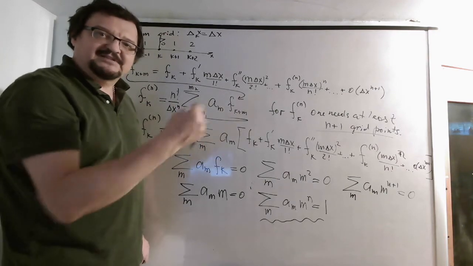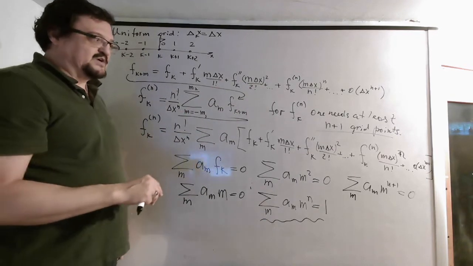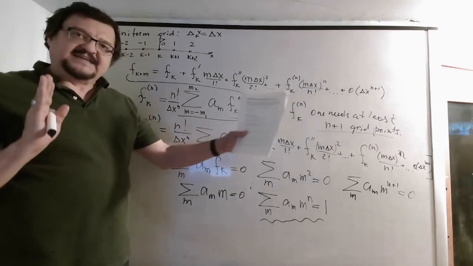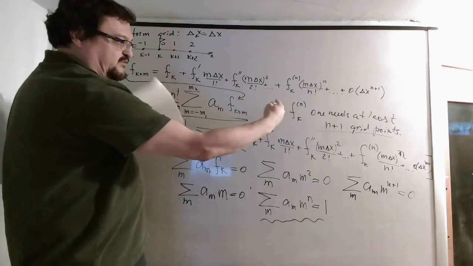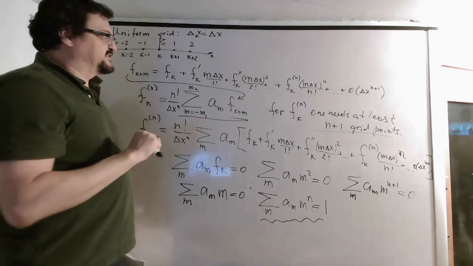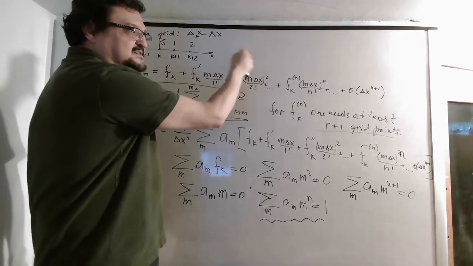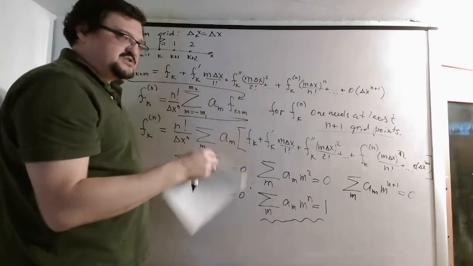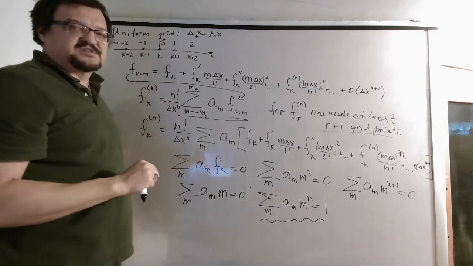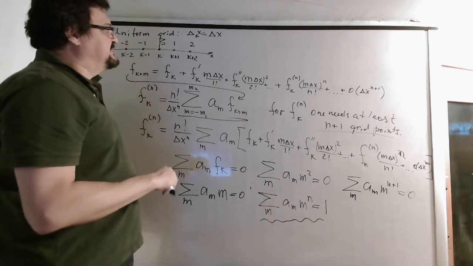Or you can use 6, 7, 8, the more the better, and that would make it more accurate, but it would require a wider stencil for your computation, this width of grid to compute the derivative. Sometimes that's not desirable because, especially on parallel computers, if you have subdomains and the domains should exchange boundary information, the wider your stencil, the more data the processors should exchange with each other, and so the slower the process will be.